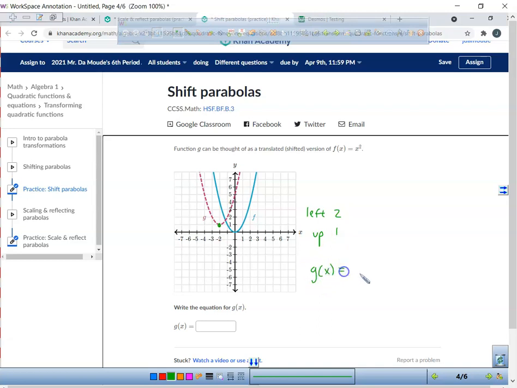g of x will equal x plus 2 squared plus 1. I just shifted it. There's the left 2. There's the up 1. Hopefully you guys are seeing the pattern and how to write your function.